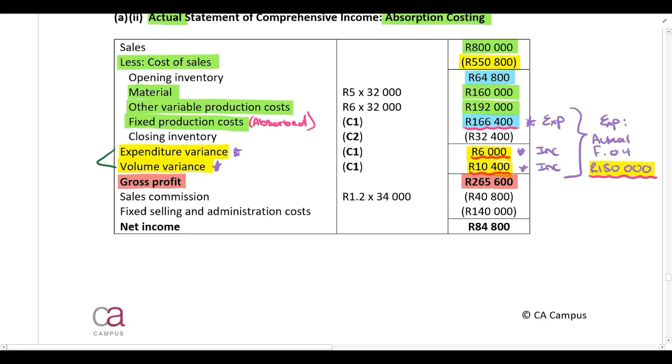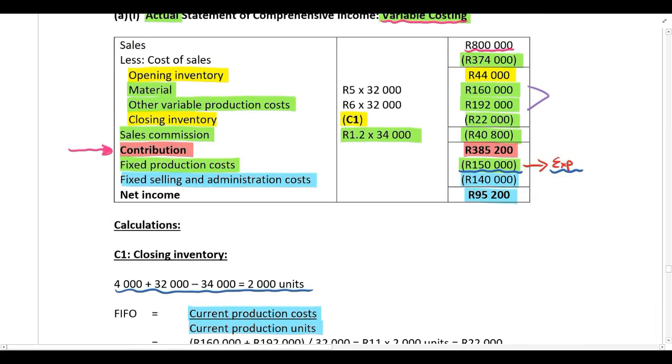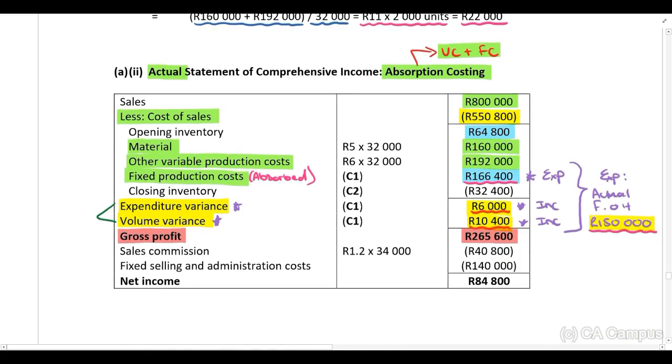So note the terminology. We can't call this contribution. With variable costing, we first deducted all of our variable costs. So sales less all of your variable costs gives you contribution. Here we can't call this contribution because we are also taking out fixed costs under cost of sales. So sales less cost of sales gives me gross profit. Then we can take into account all of our other costs that are not manufacturing in nature.